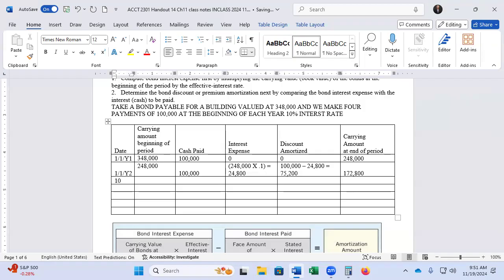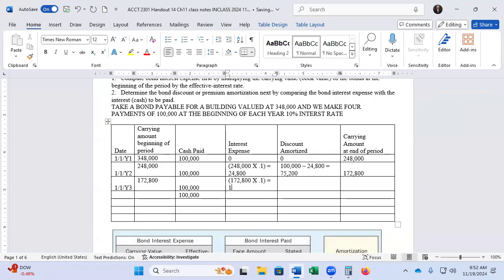So now year 3. We have 172,800. We're still paying 100,000. And I'm going to put the fourth payment in just so I remind myself not to put in anything else. Okay. And so here now we have 172,800 times 0.1, and that equals 17,280.